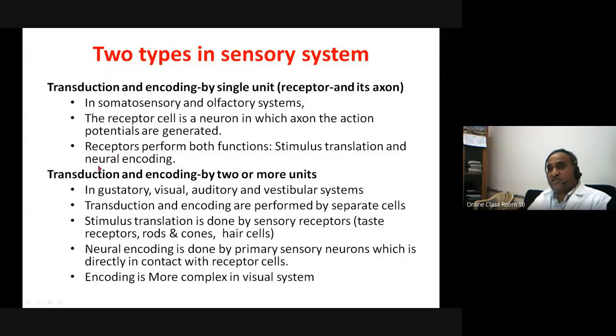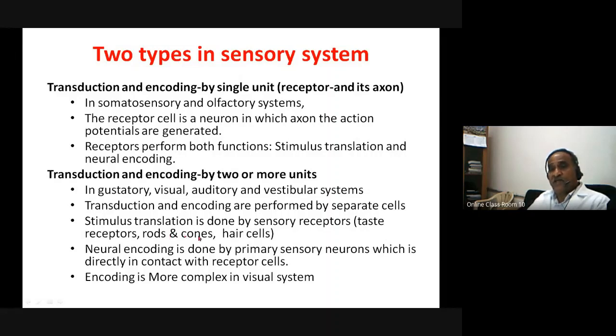And there are other systems, especially the specialized or special senses: gustatory, visual, auditory, and vestibular systems. They involve two or more units because transduction and encoding are performed by two different cell types. In the case of light, rods and cones receive the information and transduce it to electrical.